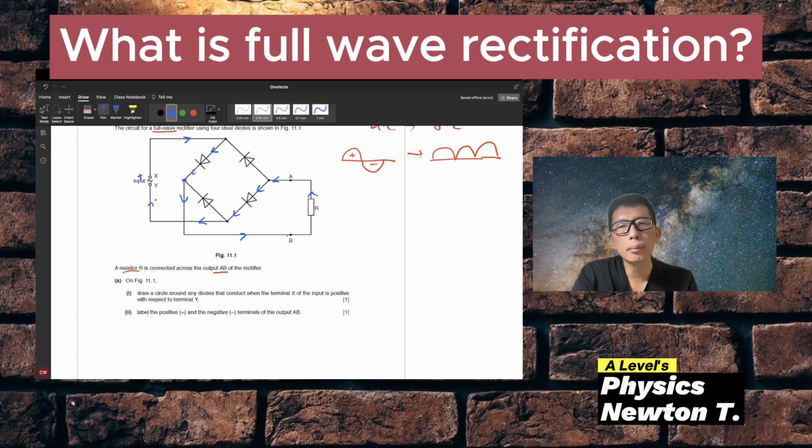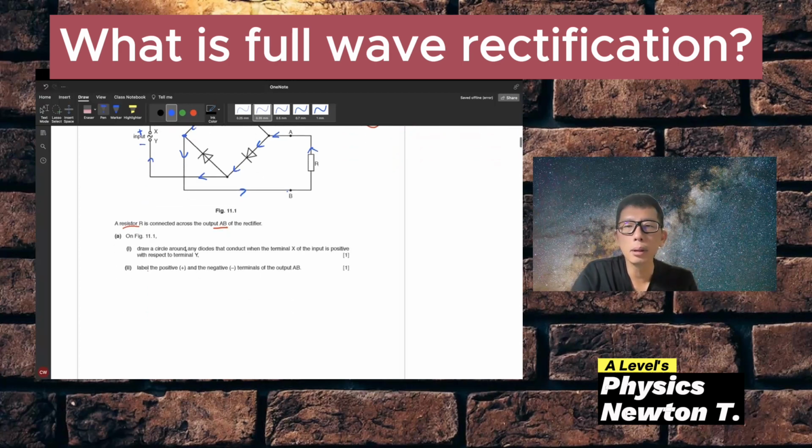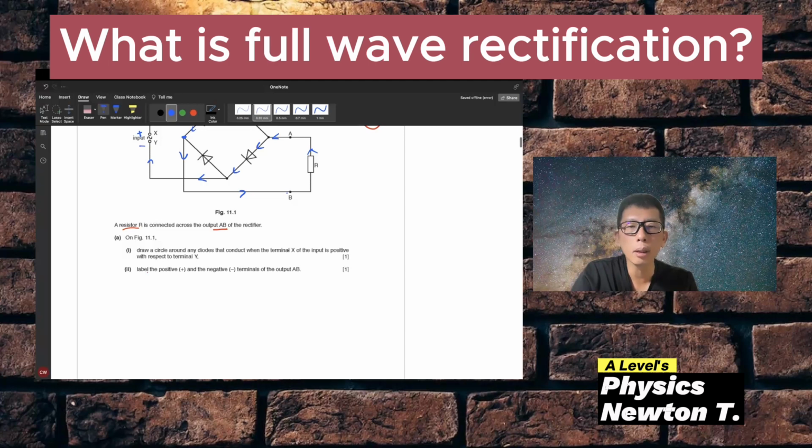Okay, you cannot go back the same way because the current comes out from somewhere. You have to find another way to go back home. You do not go back along the same path to X. You must find a way back to the negative terminal. So what we need to do here is circle the diode that conducts.